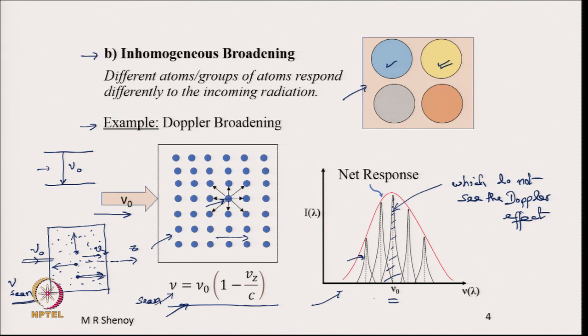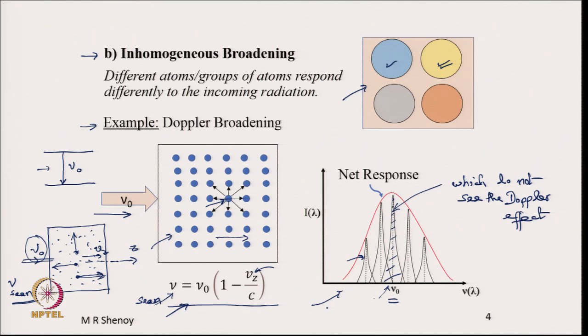Therefore, if we have a relatively broadband source, different groups of atoms will interact with different frequencies, or if we have a near monochromatic radiation nu 0, then different groups of atoms will interact with different strengths. Those centered around nu 0 are the ones which will not see the Doppler effect, or for which Vz is equal to 0.